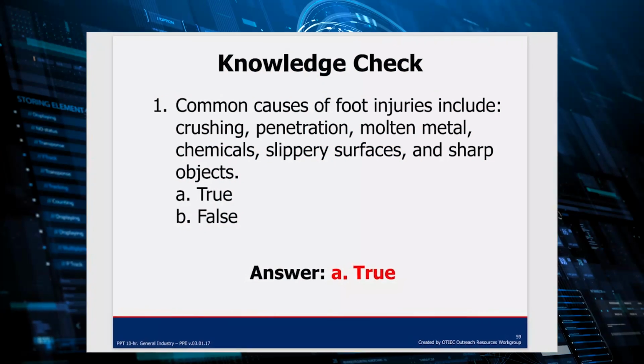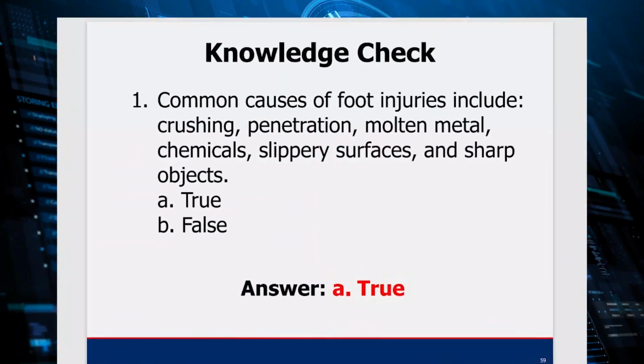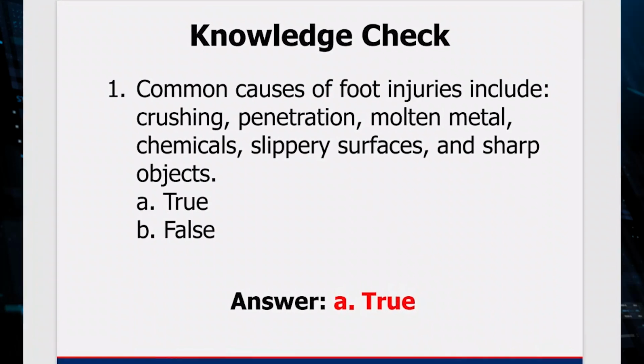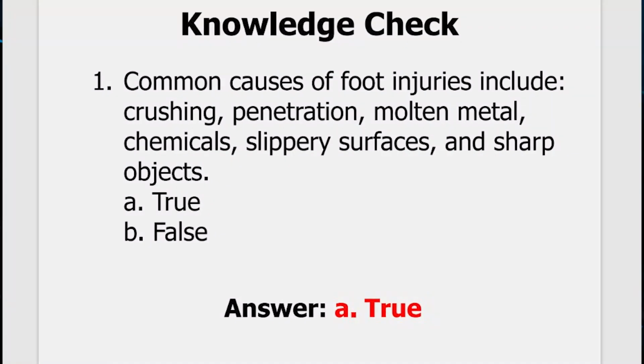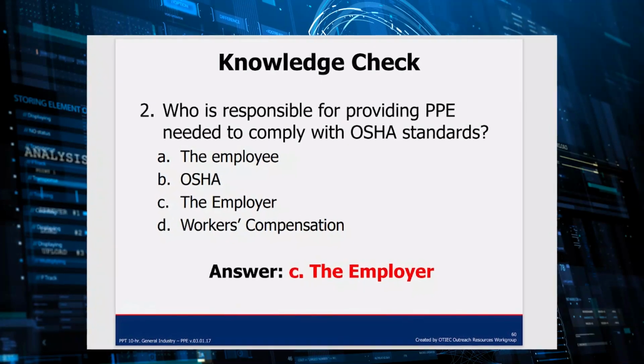Knowledge check. 1. Common causes of foot injuries include crushing, penetration, molten metal, chemicals, slippery surfaces, and sharp objects. A. True or B. False? The answer is A. True. Number 2.